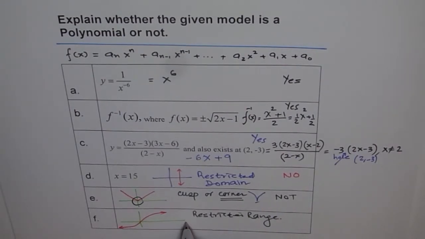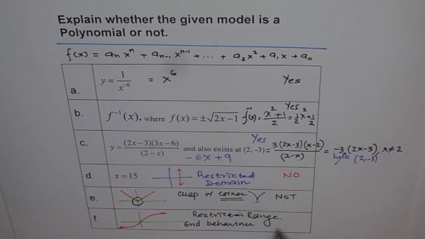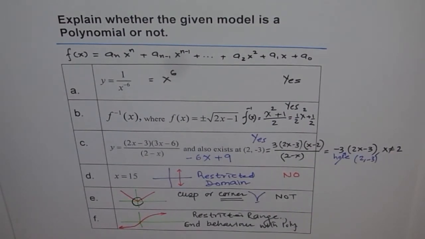So we'll say that the end behavior, so I should not really write restricted range, because if you do, it can go up to infinity, but the end behavior doesn't match with a polynomial graph, and therefore this function does not represent a polynomial, right?